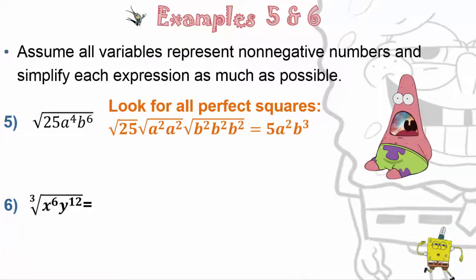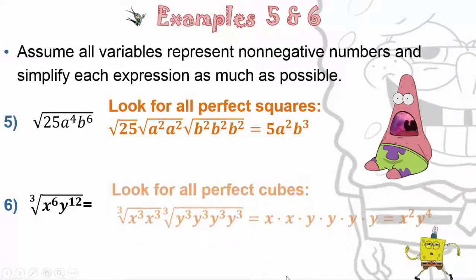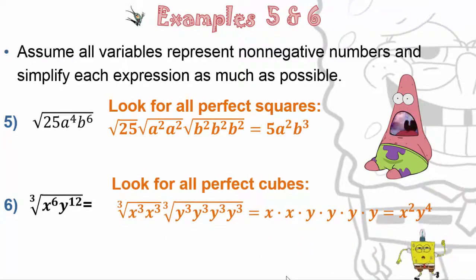Let us review what we just did on the whiteboard. We looked for all the perfect cubes. So that means we put underneath the cube sign x cubed to represent x to the 6th, because if we add 3 plus 3, we get 6. And then underneath the next cubed sign, we put the y cubes.